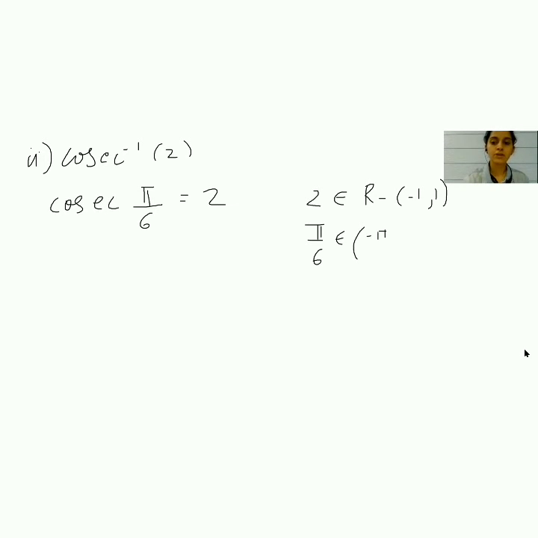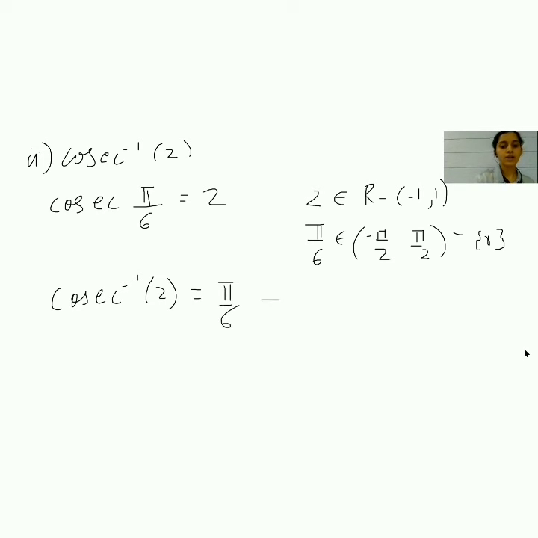So minus pi by 2 and pi by 2, yes, it lies between the two, excluding 0. This is their range value. So is this true? Yes, it is lying. So we can say that cosec inverse exists, and cosec inverse of 2 is equal to pi by 6, and it is the principal solution. Okay.